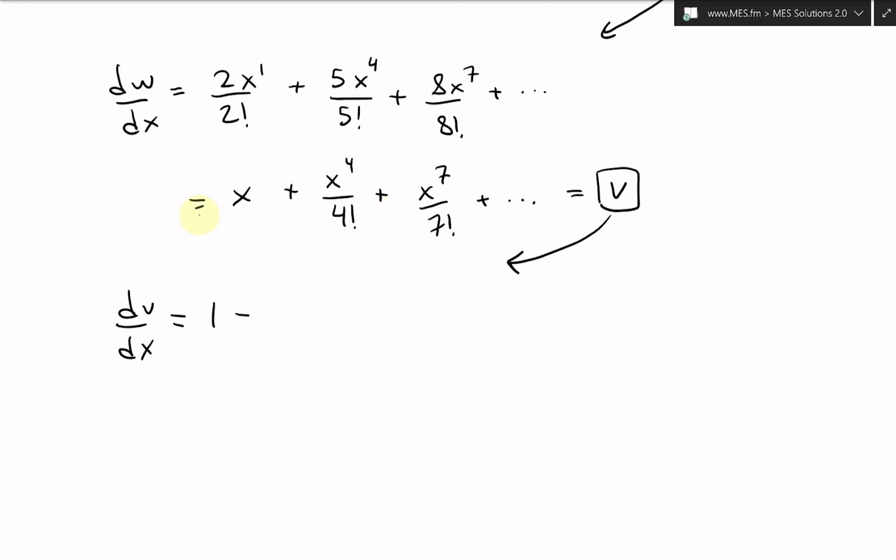That's just going to be 1 plus, the 4 goes down, we have x to the 3 over 4 factorial plus 7x to the 6. Bring the 7 down, the power down 1, and then over 7 factorial, then plus dot dot dot. And we keep going on and on.